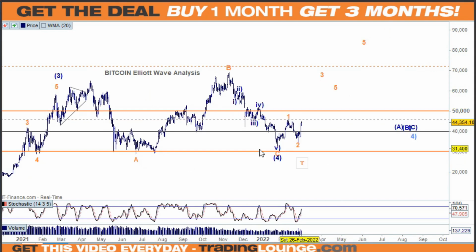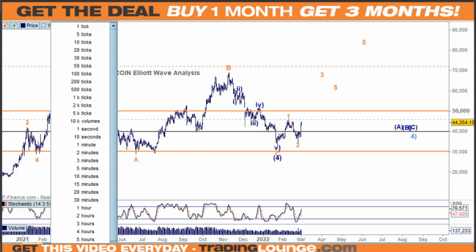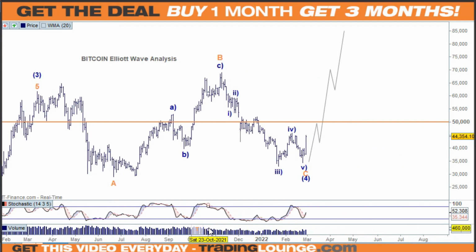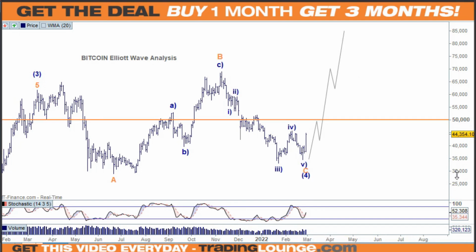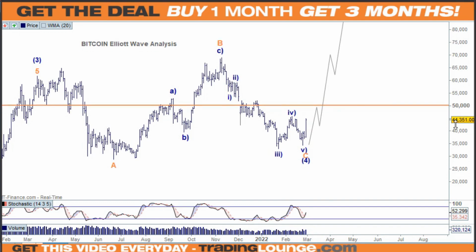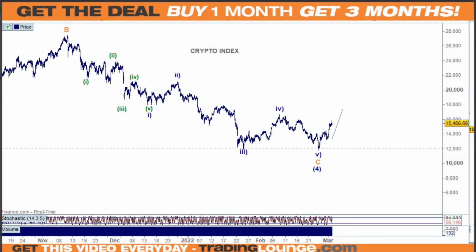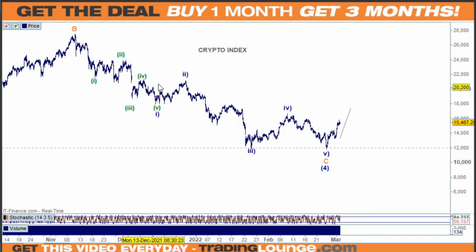The other way that we can count this is on this chart here, where we're looking at this as the low here. It's a bit of a long shot. I'm just sharing ideas, and it's okay to throw stuff at me, but I will dodge them because I think there is half a silly chance that this could be okay here, because as I mentioned, I do see it on this crypto index here.